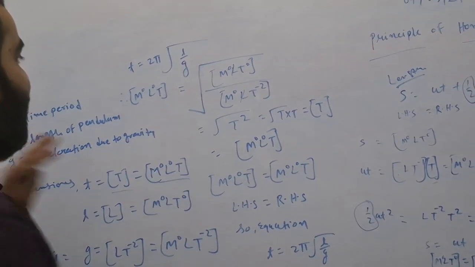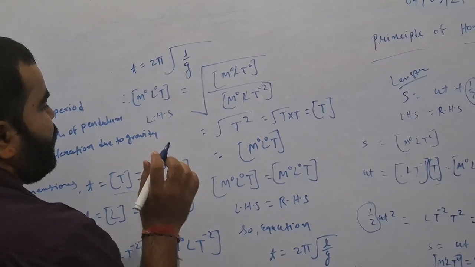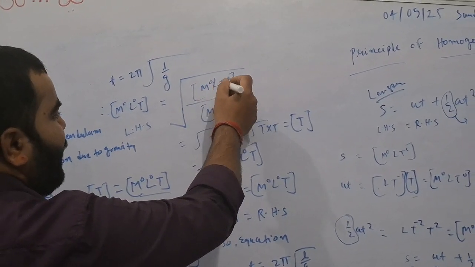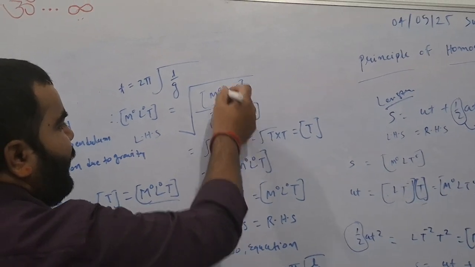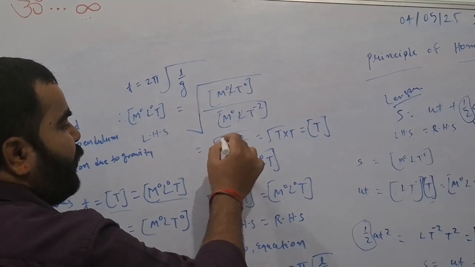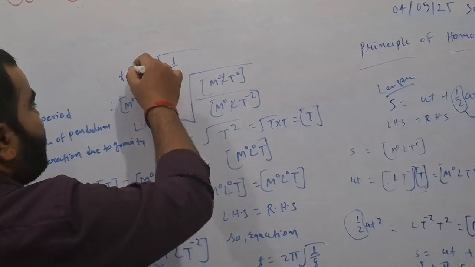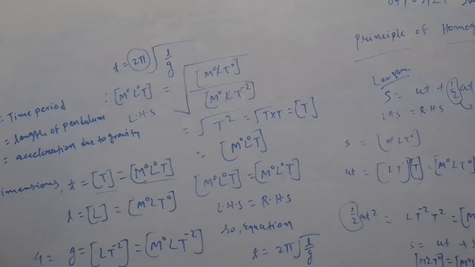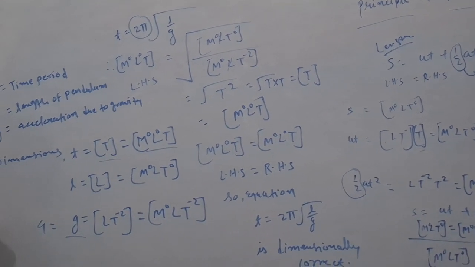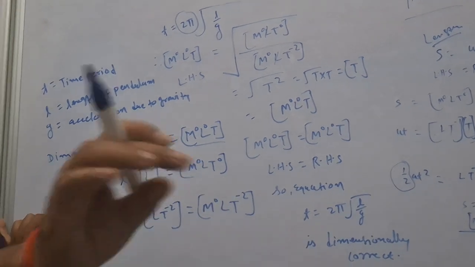Now put all these values there. We know LHS is M0, L0, T. Now RHS is equal to root over M0, L, T0 divided by M0, L, T minus 2. M0 and L should be cancelled out, leaving T minus 2. Now what happened to this 2 pi? As I told you, 2 pi is a constant, or any constant, pure number, irrational or rational, no matter, that would be dimensionless.